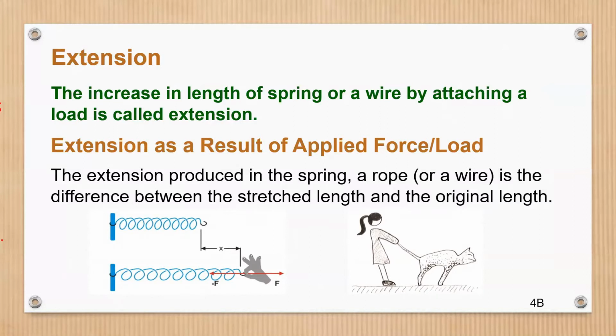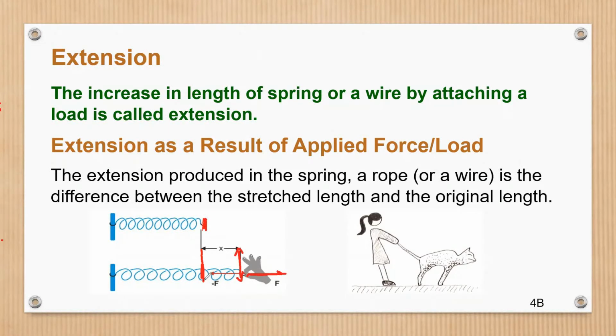Extension produced in a spring, a rope, or a wire is the difference between the stretched length and the original length. Here is the original length of the spring without applying any force. If we apply force on it and pull to this side, that is the stretched form of the spring.